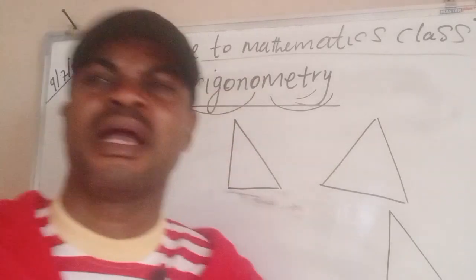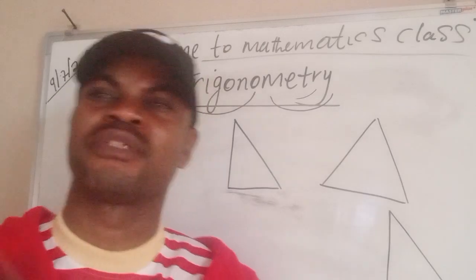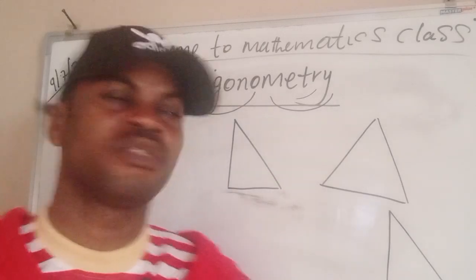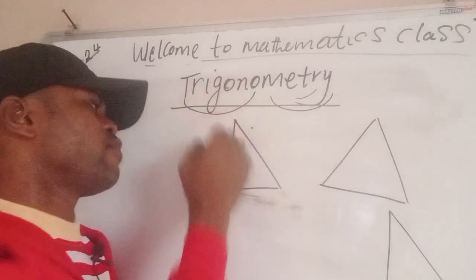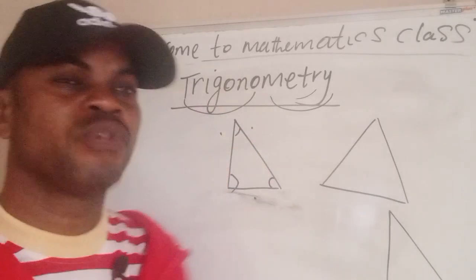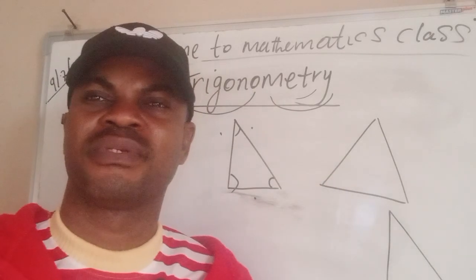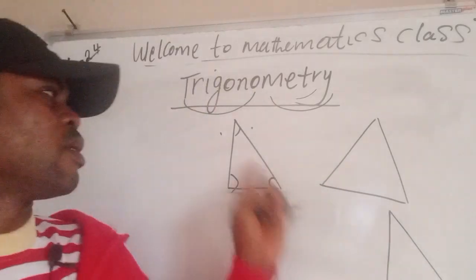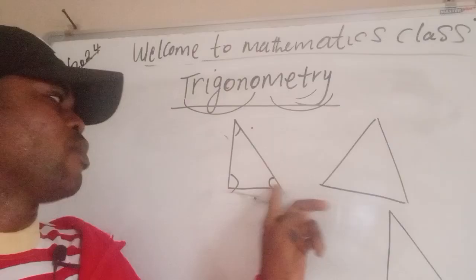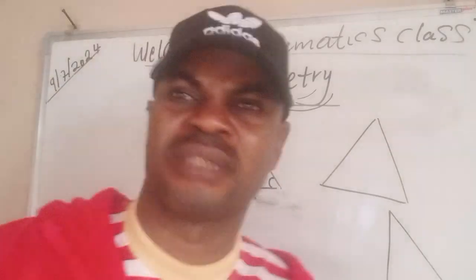So, having said that trigonometry is a branch of mathematics that studies the relationship between the various sides of a triangle as well as the angles of the triangle. Of course, you and I know quite well that the longest side of a triangle is the hypotenuse. The side opposite the angle we may be dealing with is called the opposite, and this side may be called the adjacent.